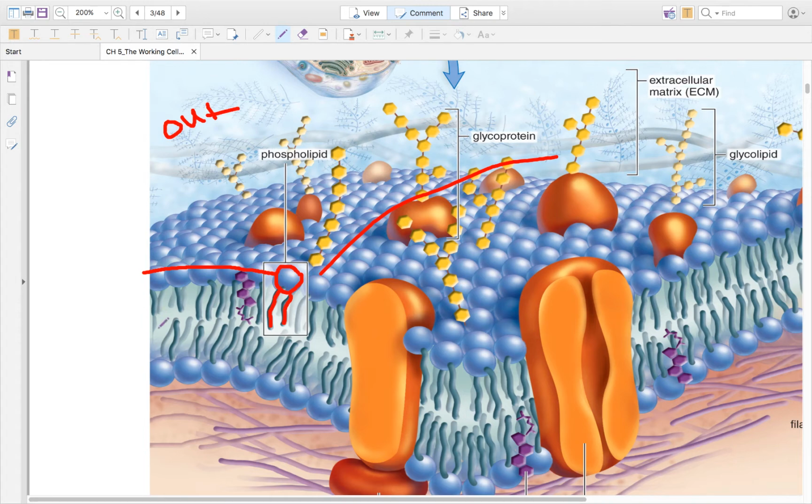Okay, and notice that it has another layer of phospholipids. And the hydrophilic heads are in this direction. So they align with one another because inside the cell is primarily water. Okay, and then indeed the hydrophobic tails align.